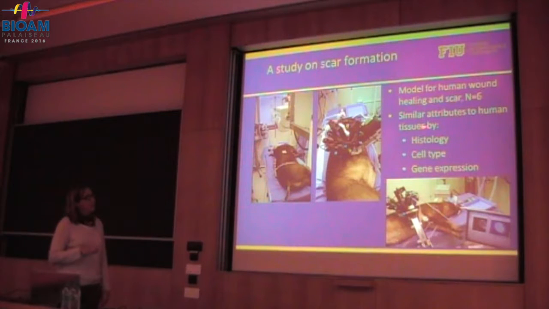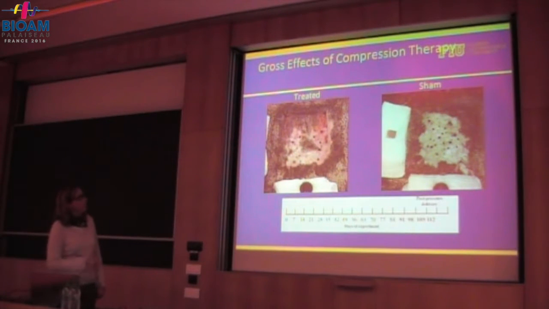So we looked at 6 of these animals, and we also did a lot of histology of the data. Again, I will not show the data. I'll just focus on the polarization. But these are treated scars with pressure. These are sham scars. So we had 2 scars, one where we imposed pressure and one where we didn't.